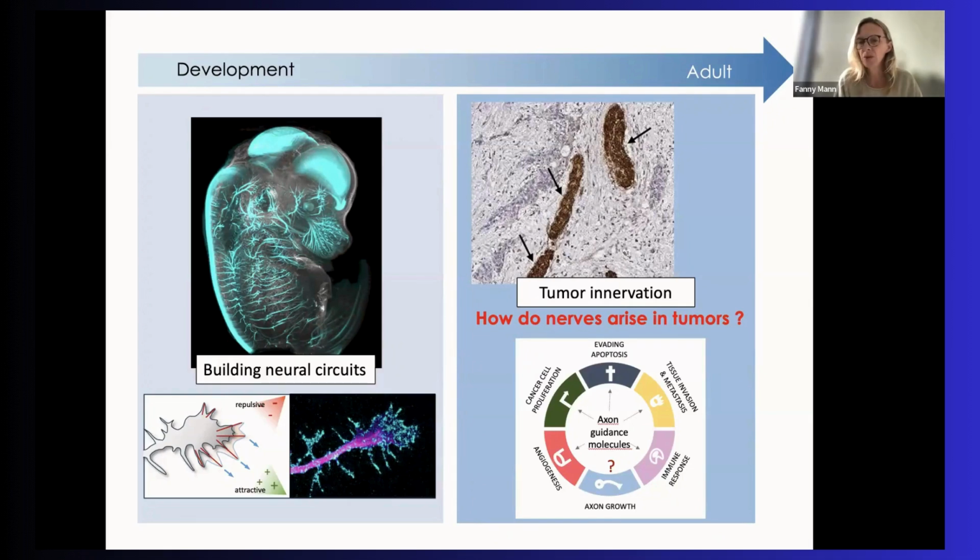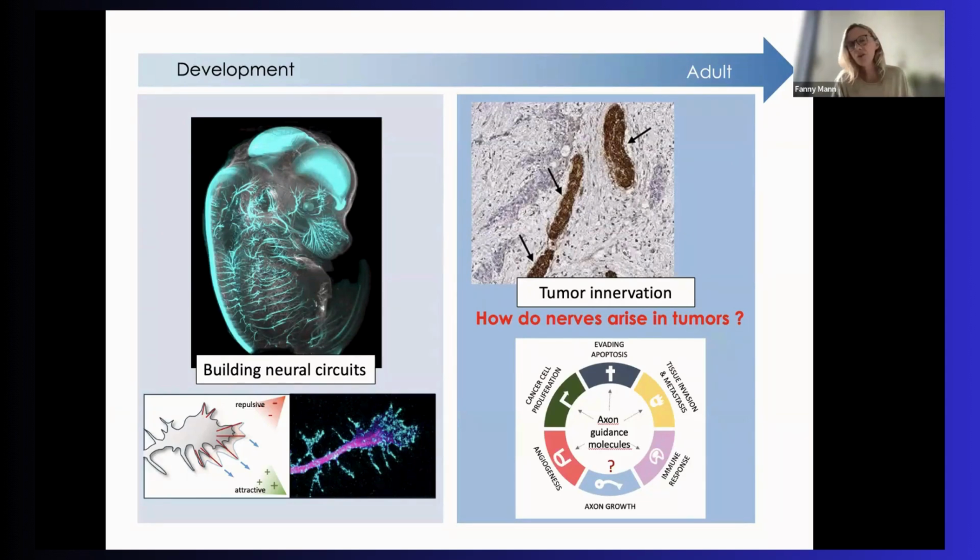Axon guidance molecules can also contribute to the recruitment of immune cells and in the regulation of the activity of these immune cells. And they also have an important function in the regulation of tumor neoangiogenesis. But the paradox is that after about 2 decades of research on the role of axon guidance molecules in cancer, we still don't know whether they contribute to tumor innervation.